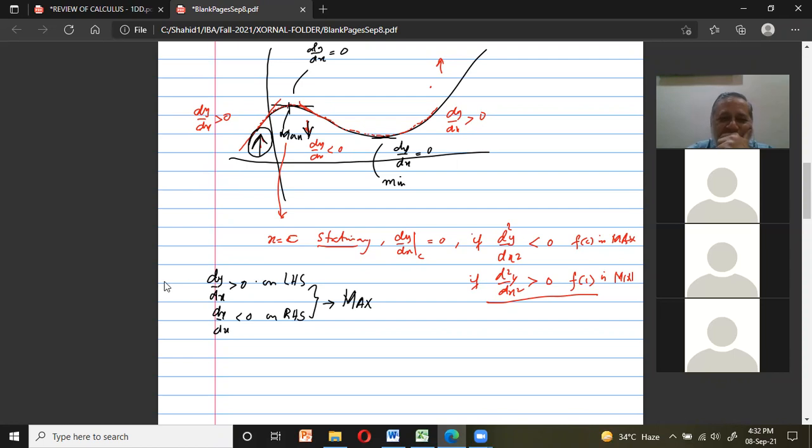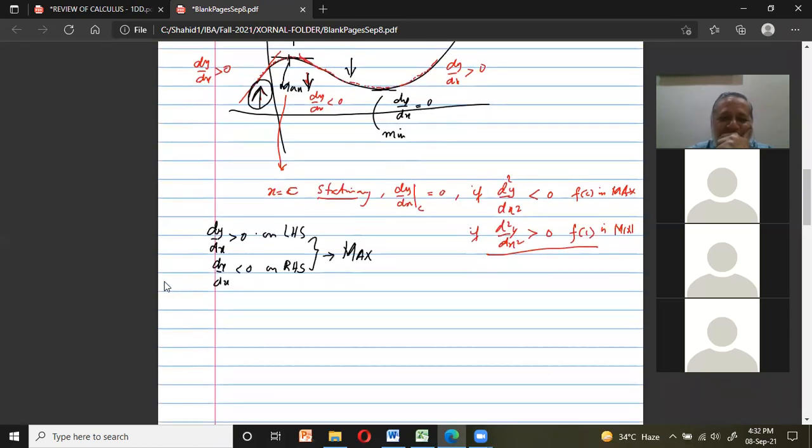Now, similarly, on the left hand side of stationary point, the derivative is negative, and derivative is positive on right hand side, then the stationary point is minimum.